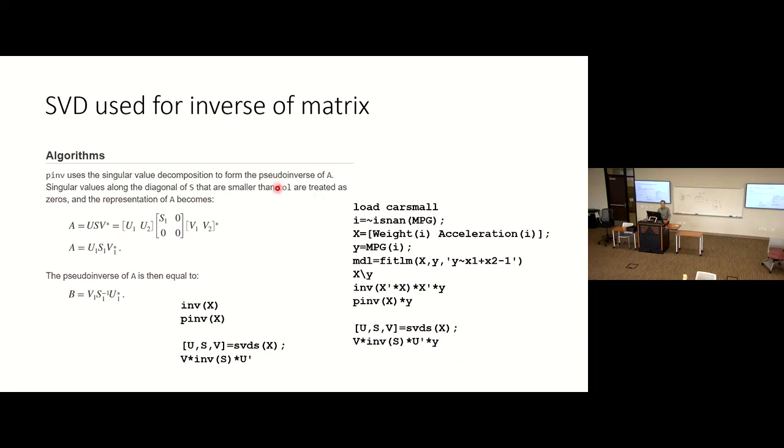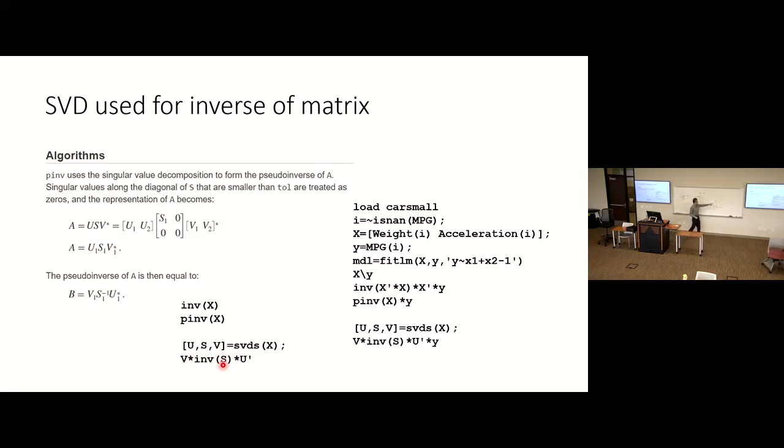So SVD can help you accelerate a lot of computing as well, and this is to do the so-called pseudo inversion, because you can just invert only the inside of the S matrix.